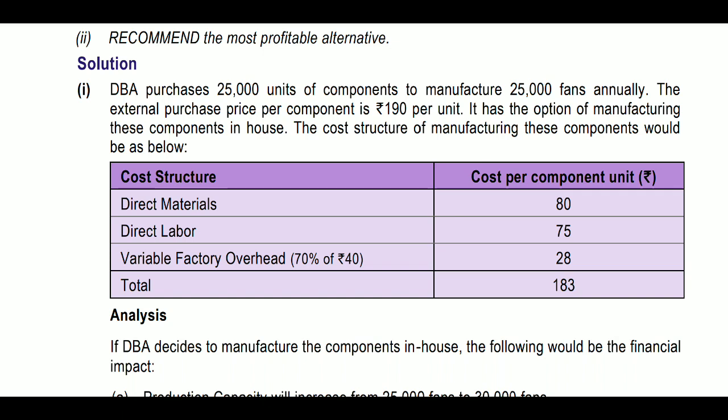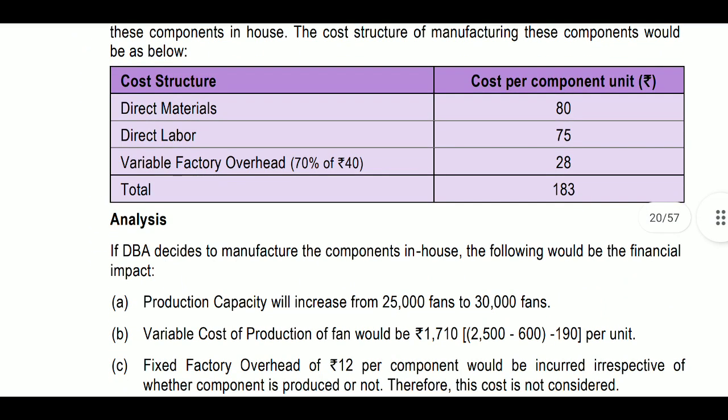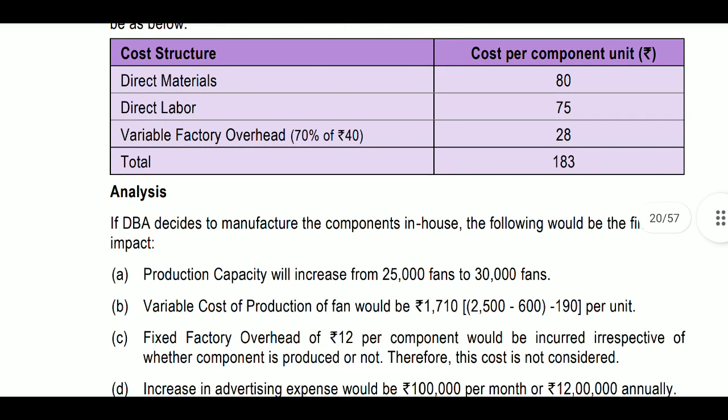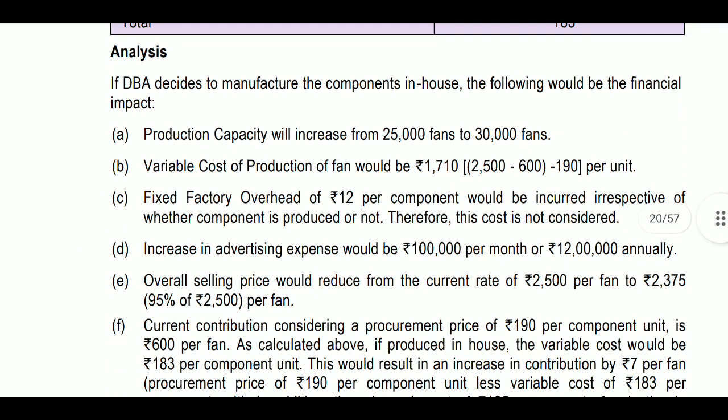Then the cost structure will be direct material 80, direct labor 75, variable factory overhead 40 into 70%, which is 28. Total will be 183. If DBA decided to manufacture the component in house, what would be the impact?